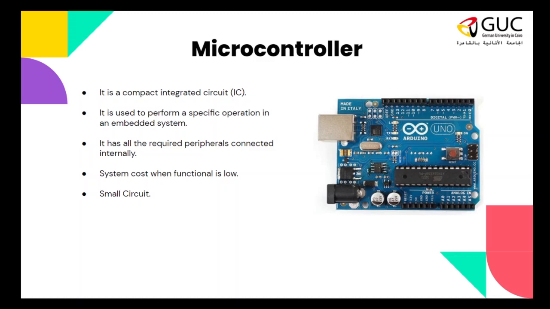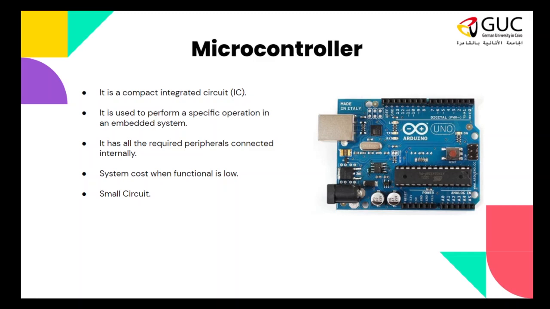Since microcontrollers are compact integrated circuits, this means that they do not need any external peripherals connected to them for the circuit to be functional. All the required peripherals are already connected internally with the processor, which is inside the microcontroller.